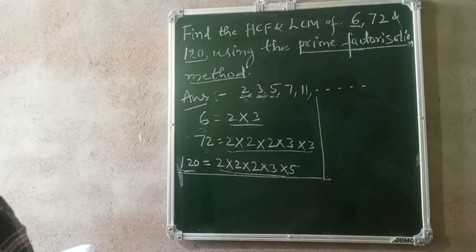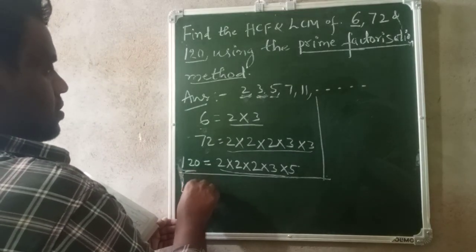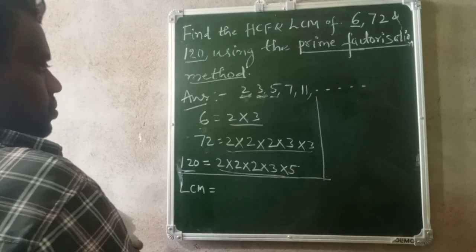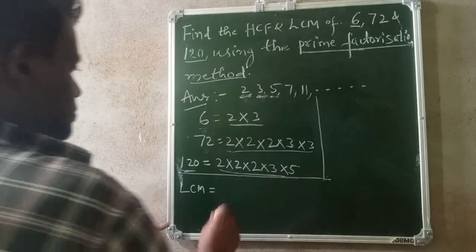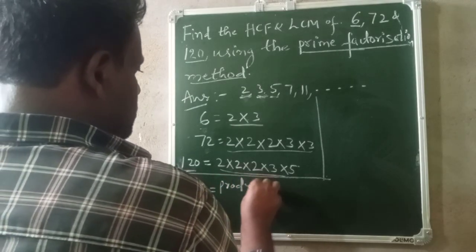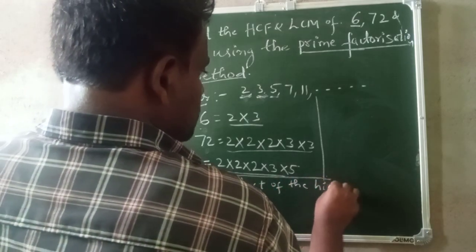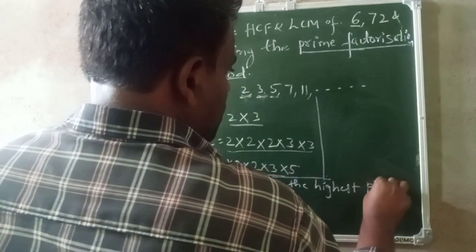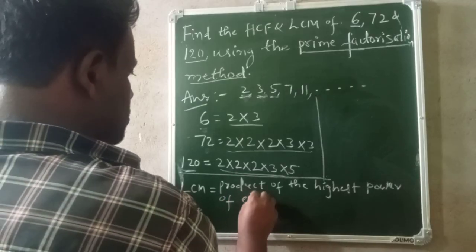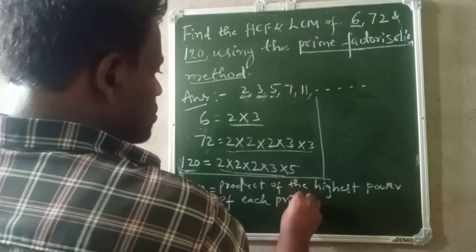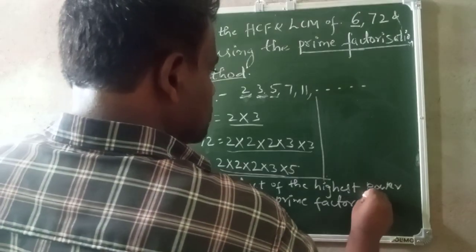So I will write the definition for LCM. LCM is equal to the product of the highest power of each prime factor involved in the numbers.